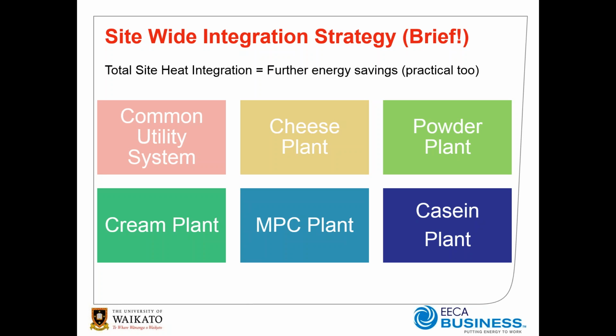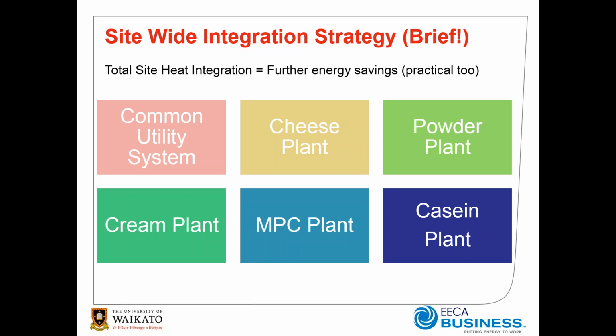And it's not necessarily practical and smart to assume that you can exchange heat from your cheese plant with a stream in the cream plant, because there's distance, there's temperature loss, there's lots of capital cost involved with piping to those plants and back.